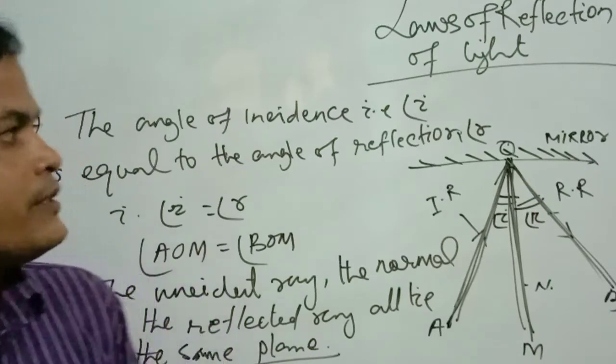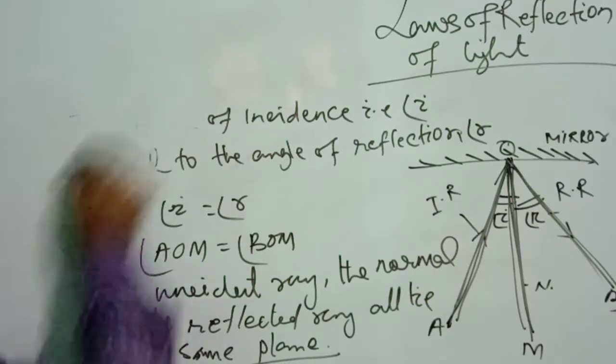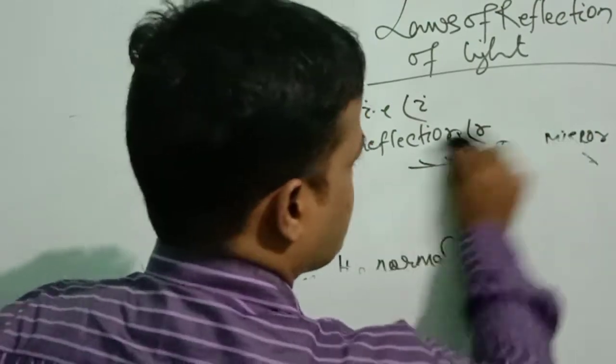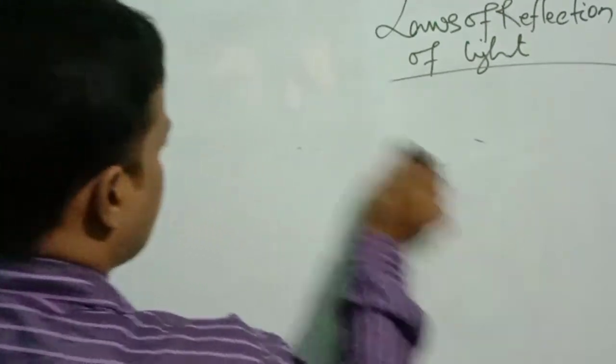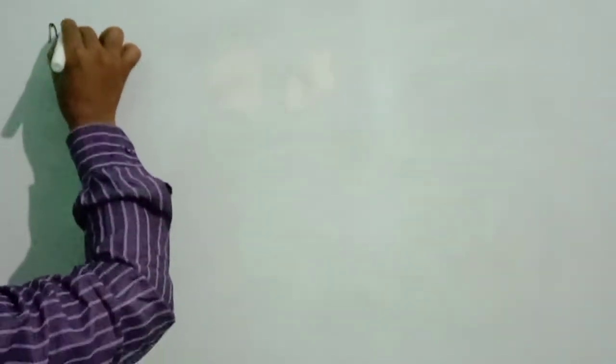Now let us move towards mirrors. Mirrors are highly smooth objects which reflect light.